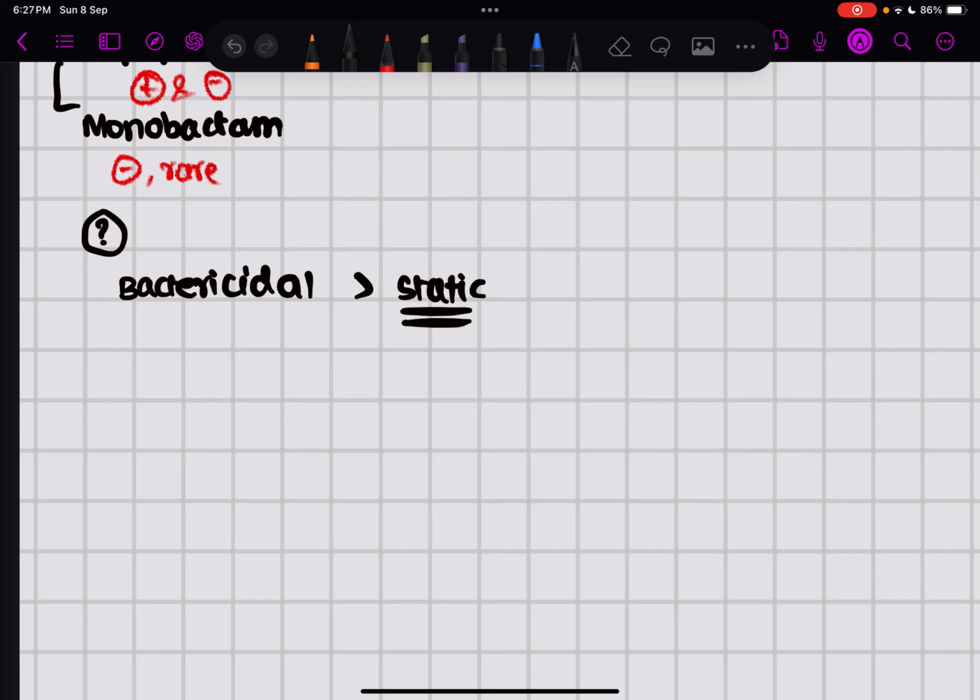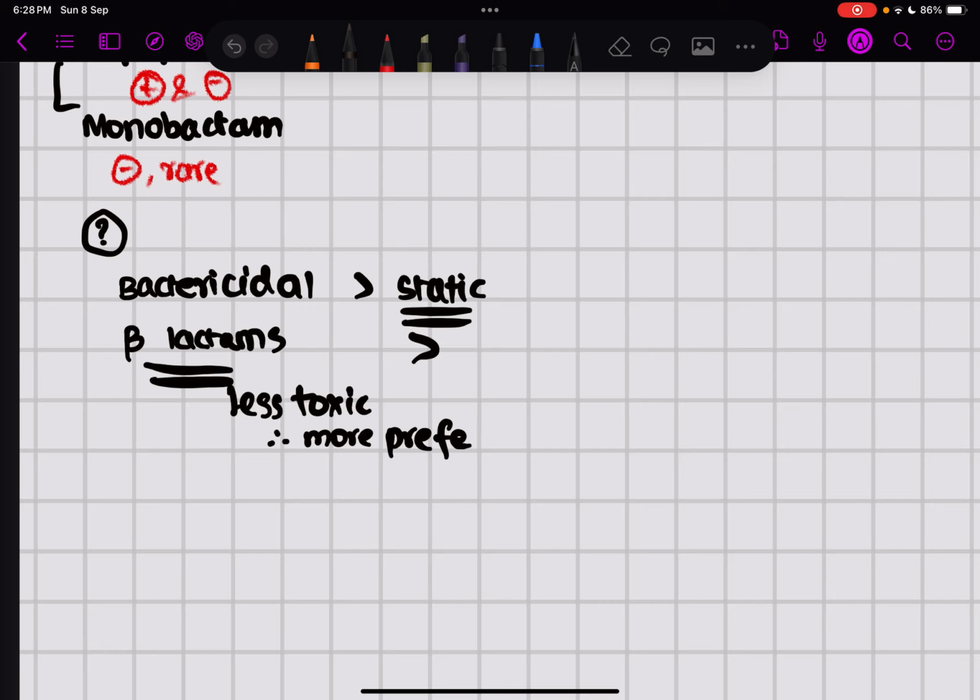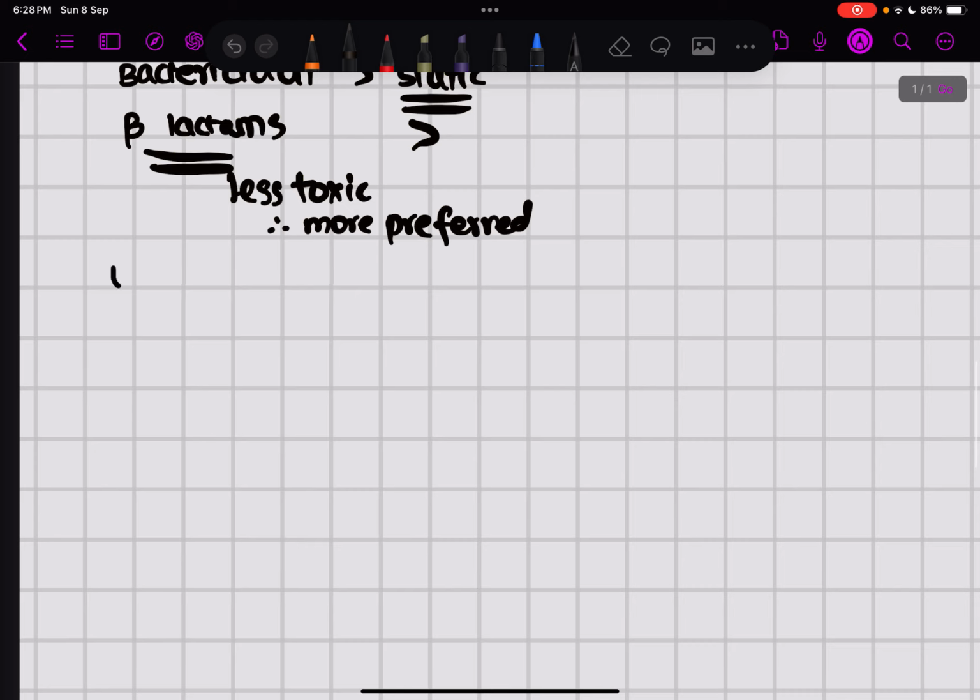And beta lactams are less toxic and more preferred. And if the benefit is more than the risk, it is used.